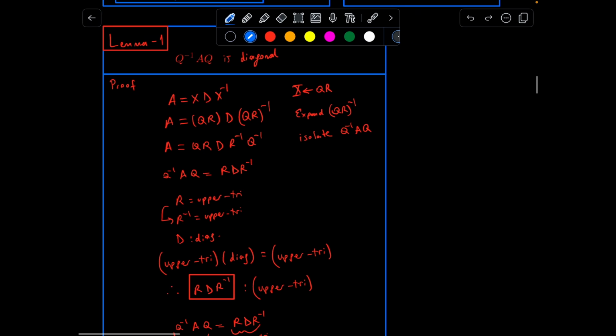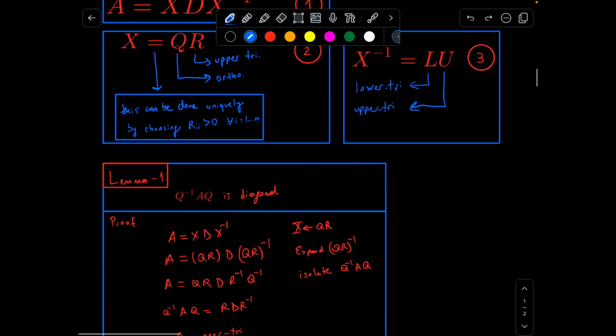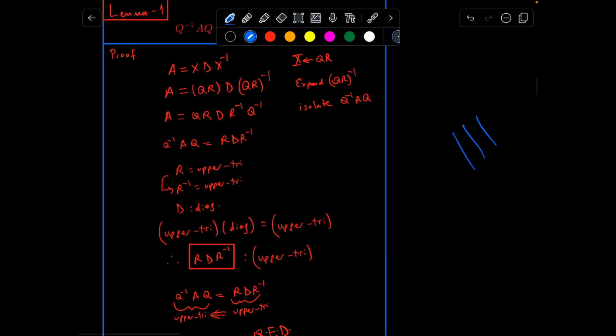Okay, so here let's look at the right hand side, and I hope I didn't miss anything. This is what I'm looking at, and R is upper triangular, right? And R inverse is also upper triangular.